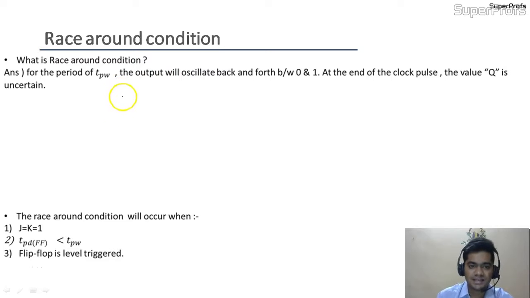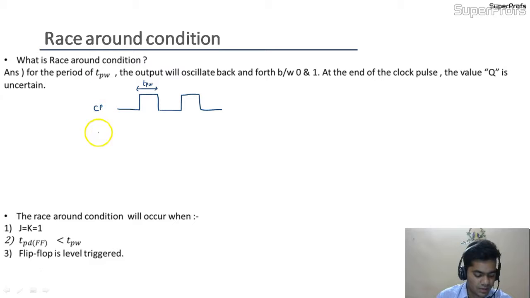So to understand this logic, first we are going to draw a clock pulse. Okay, this is our clock pulse and this is our pulse width, T P W. So this is our clock pulse C P. Okay, and we are taking output as here.